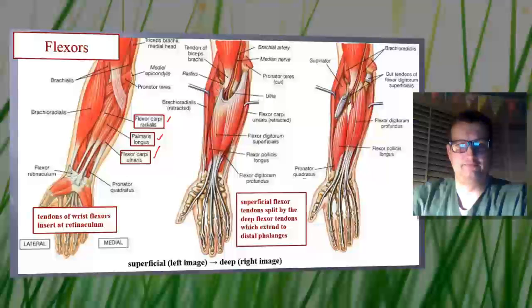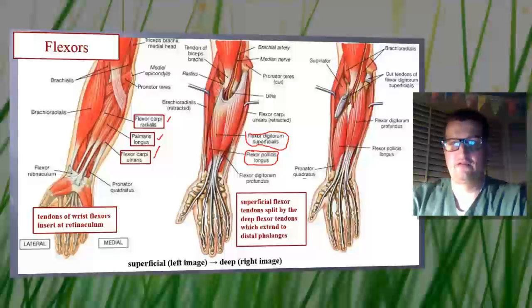In the middle layer, we have the flexor digitorum superficialis and the flexor pollicis longus, the only two. And then deepest is the flexor digitorum profundus, and that profundus indicates deep. And we've already talked about the flexor pollicis longus.